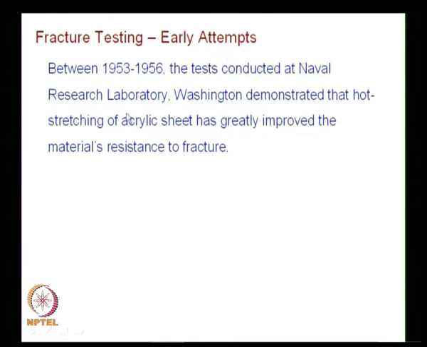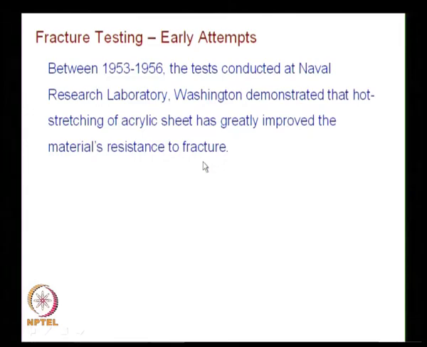And if you look at between 1953 and 1956, the tests conducted at Naval Research Laboratory, Washington, demonstrated that hot stretching of acrylic sheet has greatly improved the material's resistance to fracture.